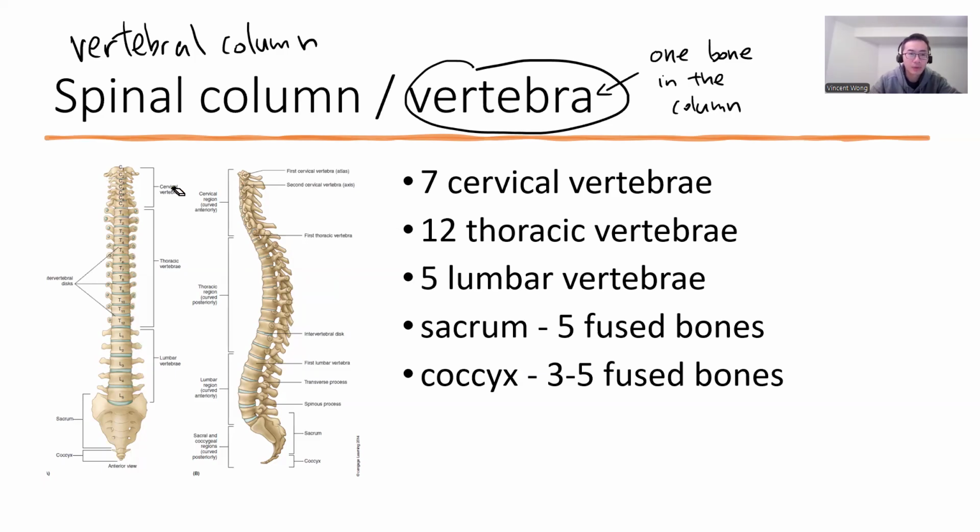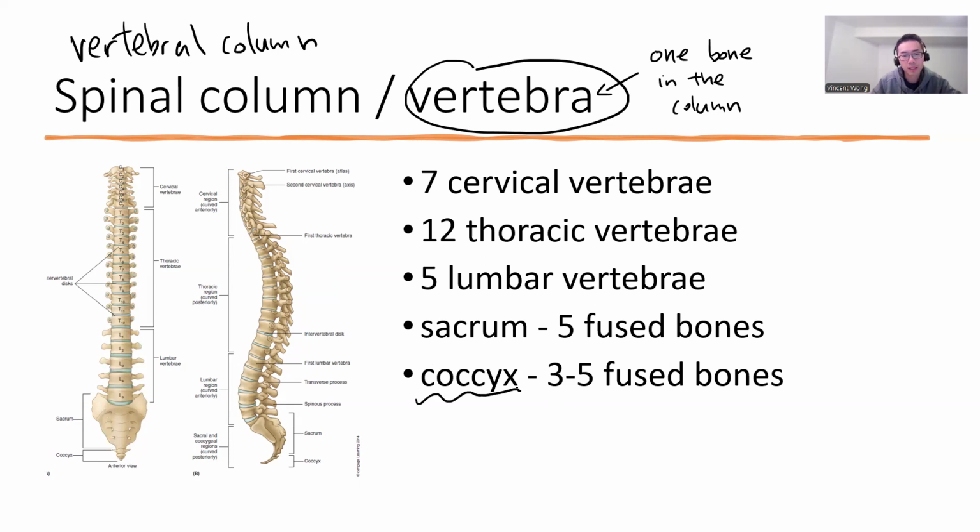Vertebrae. So there are seven cervical vertebrae, which make up the neck region here. 12 thoracic vertebrae, which make up the chest area. Five lumbar, and then we have the sacrum right here, and then the tailbone is called the coccyx bone.